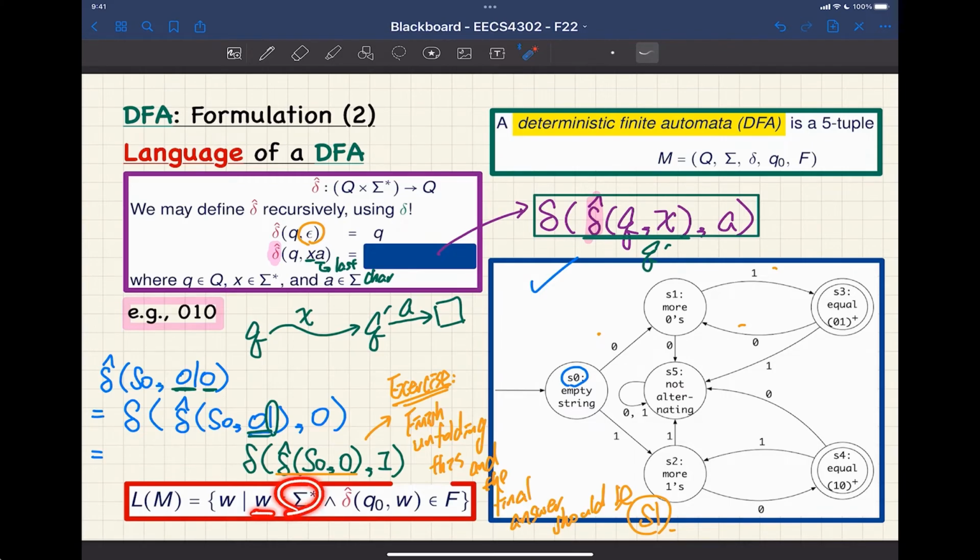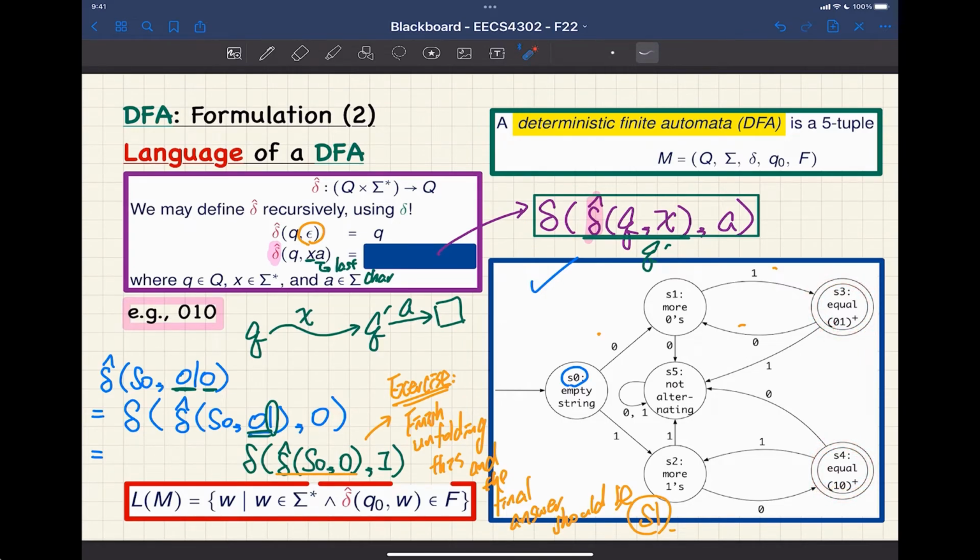It must be a valid string over the alphabet. And for the delta hat we're using, we start with Q0, which is the initial state. And then W itself will be processed. The return value over here is a single state. That should be one of the accepting states, F. For example, in this case, after processing 0, 1, 0, we simply return S1. S1 is not one of the final states, so that's not accepted. If the return state is either S3 or S4, it will be accepted. Right?